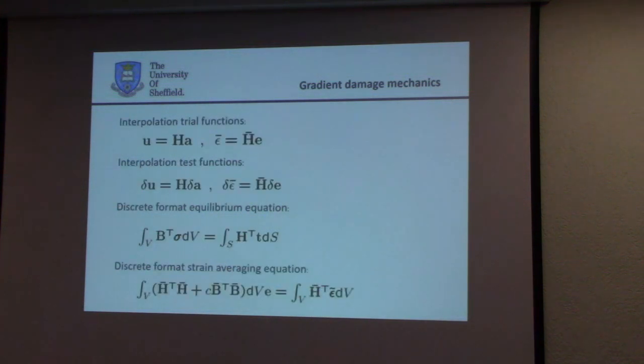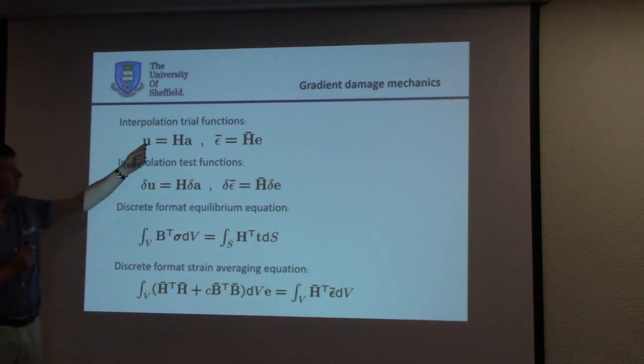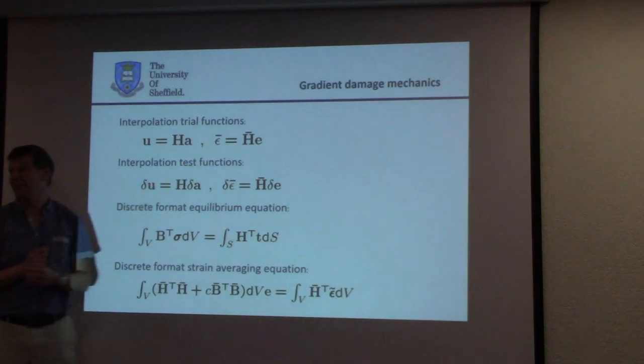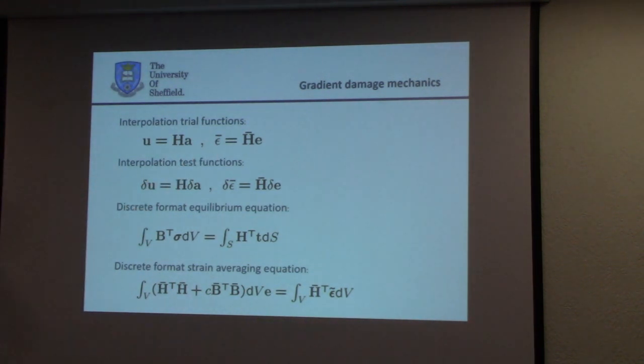Now, why is this implicit gradient damage formulation so nice? Because we can do a mixed finite element formulation. We can interpolate our displacement, but we can also interpolate our additional strain field. And usually we will do that with different interpolation polynomials.